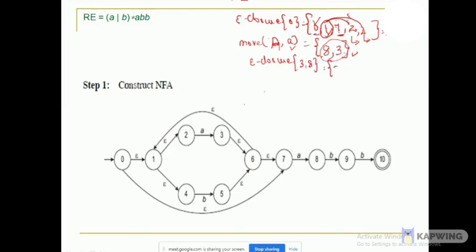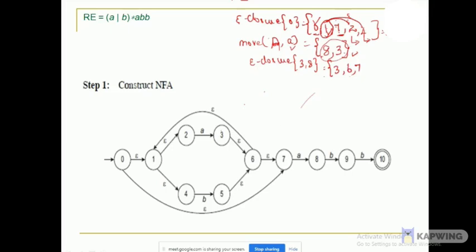When you take epsilon closure, first we take the state itself. From 3, there is a transition to 6 on epsilon. So 6 is the destination state for this transition. Is there any other transition on epsilon from 3? No. Now when you take 6, is there a transition from 6 on epsilon? Yes, there is, moving to state 7.